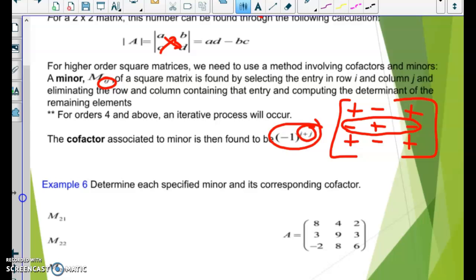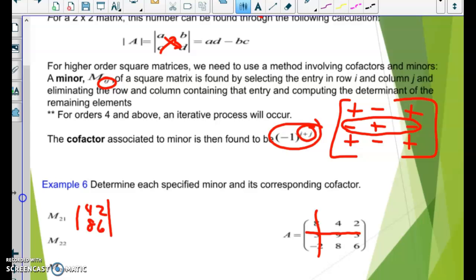So if I do that, I'm going to say M21, when we take this second row, first column, if I cross those out, the matrix that I'm going to be using is what's left. So I'm going to put in there 4, 2, 8, 6.